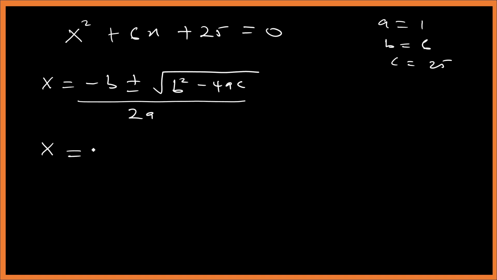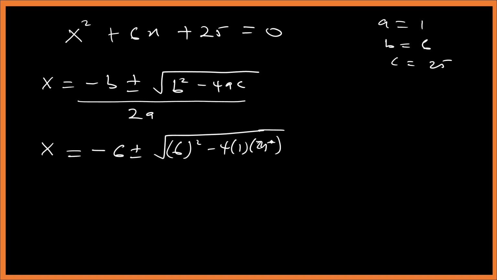So we have minus 6 plus or minus square root of 6 squared minus 4 times 1 times 25, over 2 times 1.